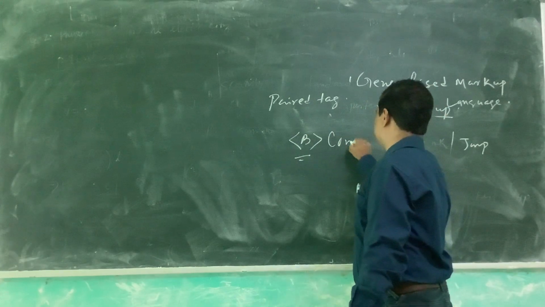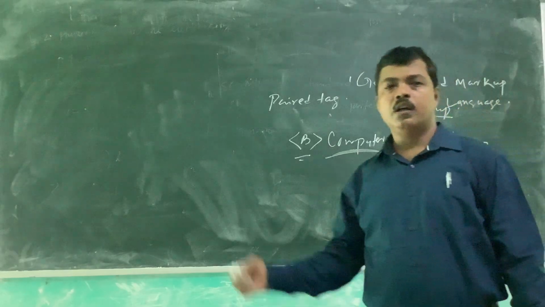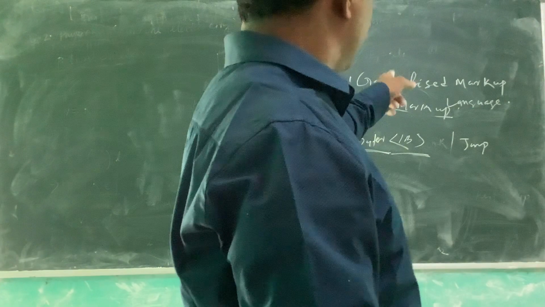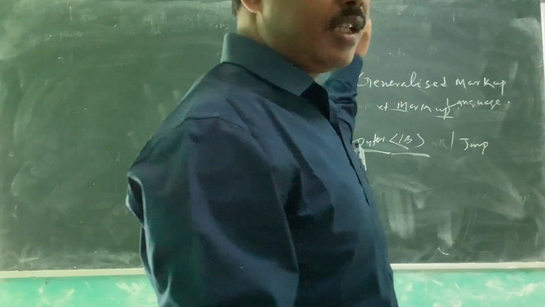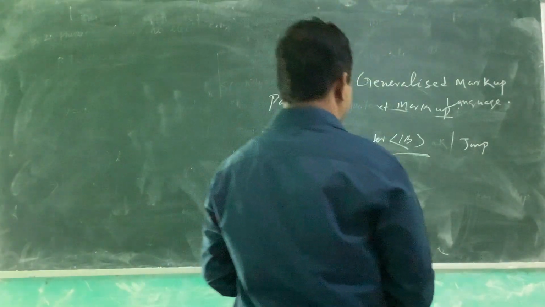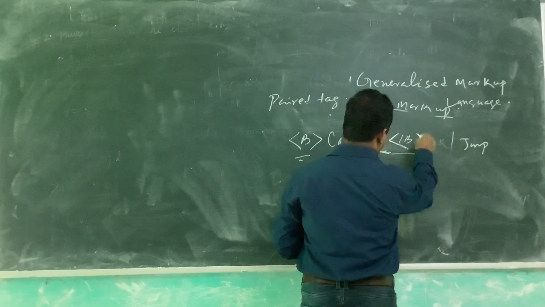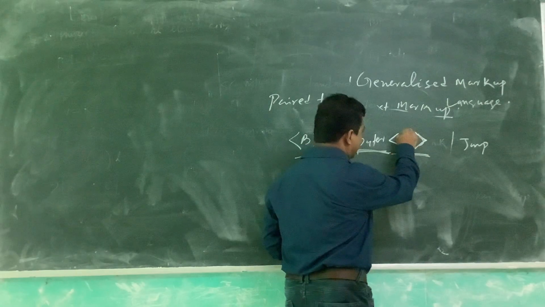I want to see the word computer in bold face. So we need to write computer between B, that is the starting tag, the opening tag, and after the word computer again we have to type the B tag, but with a forward slash.